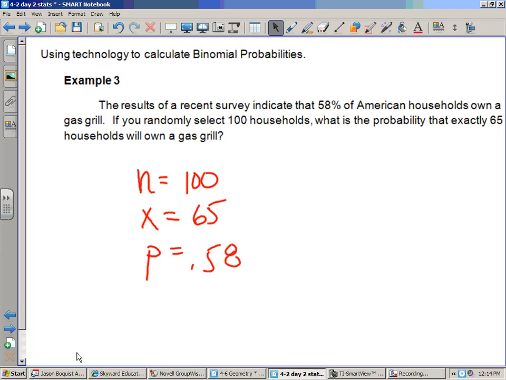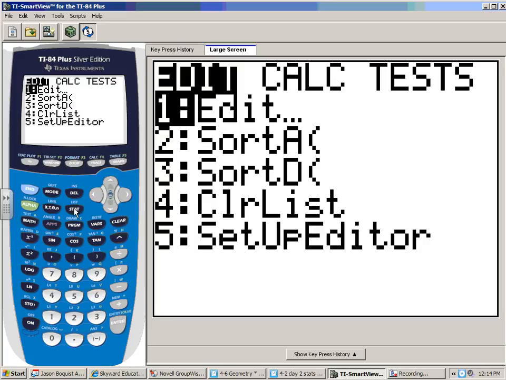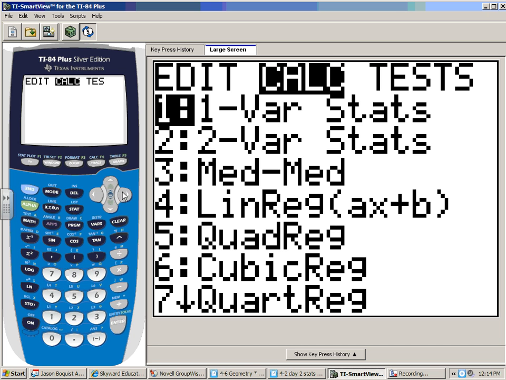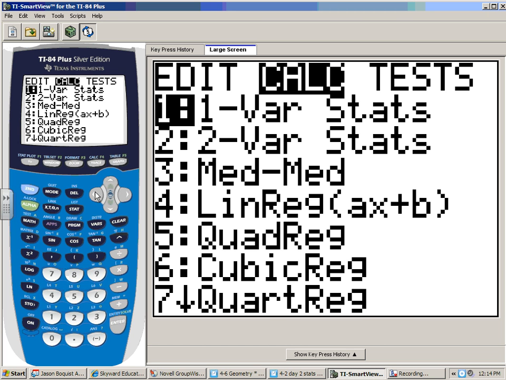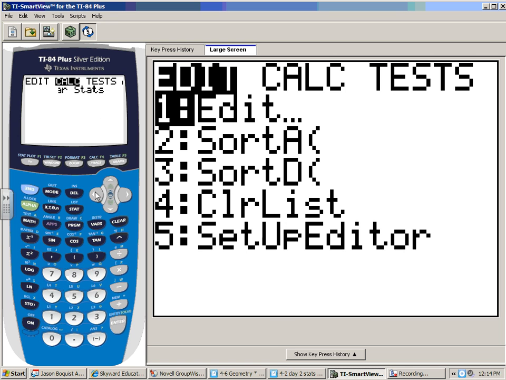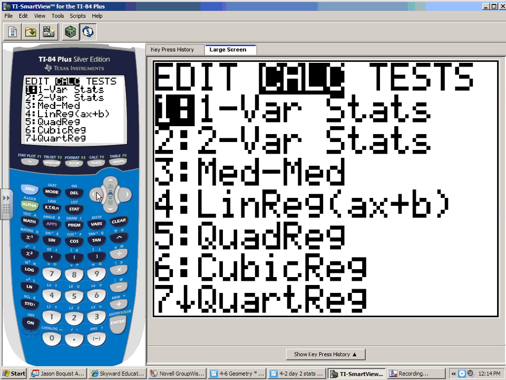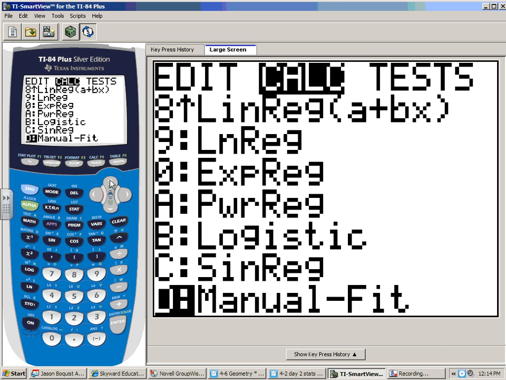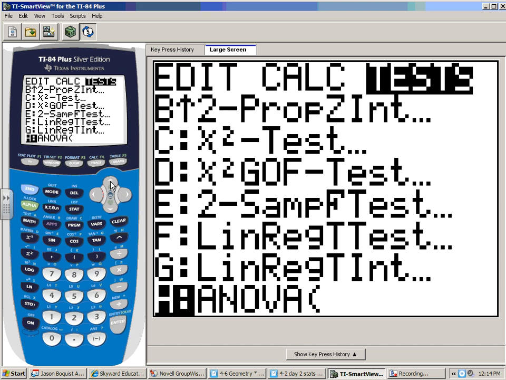All right, so now let's see if I can remember where it is. I'm pretty sure that it is actually under stat. And then I think I'm wrong. Yeah, where'd it go? It's not one of the tests, though. That's the thing.